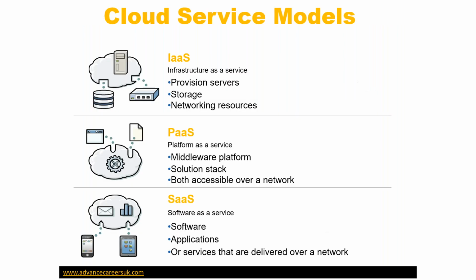Okay. So cloud service model, I've talked about the IaaS one, provisioning server, storage, and network resources. So those are the things that you get for IaaS. The PaaS would be middleware, platform, solution stack, both accessible over the network, and then SaaS, which is the actual software. But you cannot have the SaaS without having the infrastructure.